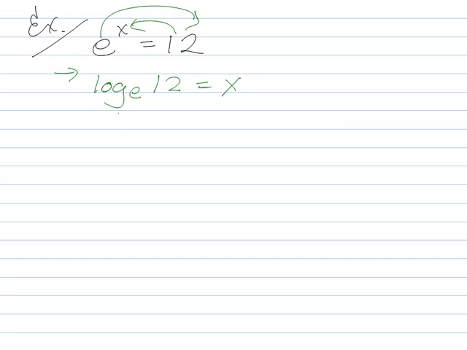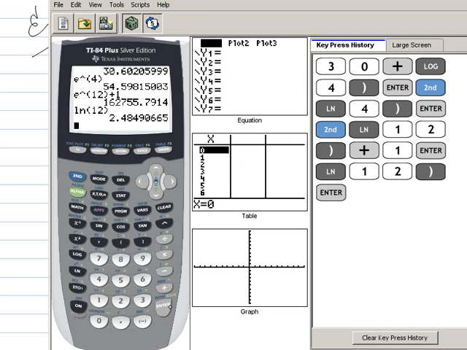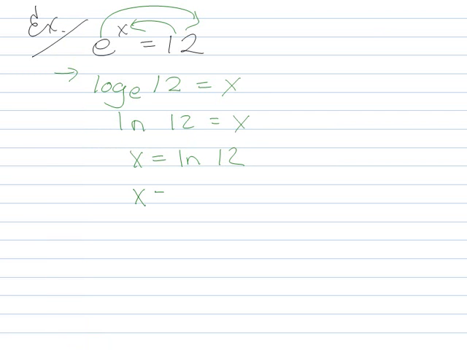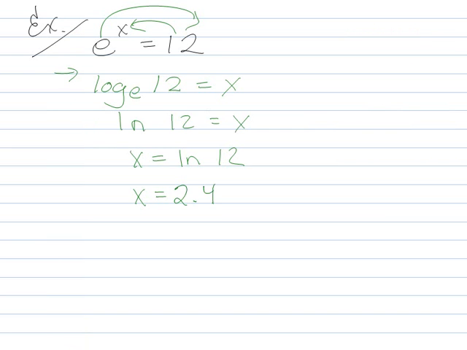Instead of saying log base e, say natural log. So I've got x equals the natural log of 12. And go to my calculator, say natural log of 12, and get 2.4845, whatever. What did I say it was? I already forgot. 2.48. So you can do all kinds of cool stuff.